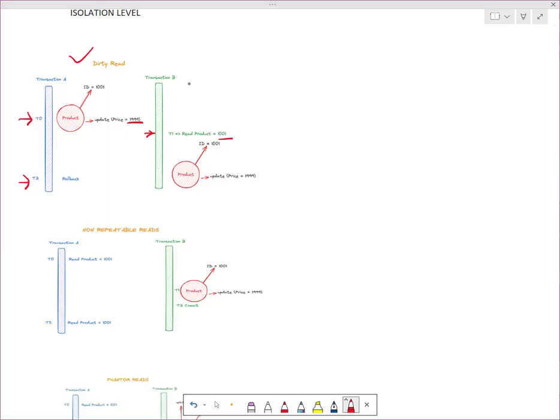But as transaction B already read the updated price of $1,999 for the product, it leads to an inconsistency. This situation results in the client observing incorrect information. This phenomenon is referred to as the dirty read problem.